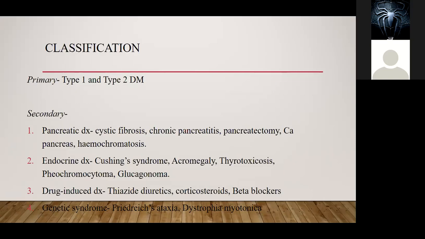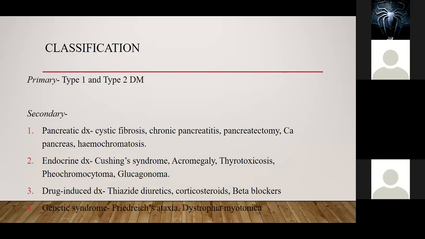So secondary diabetes mellitus here would also involve chronic hyperglycemia, but this wouldn't be directly due to insulin one way or the other, or it could be coming from a condition that is affecting the pancreas. So for instance, you can have pancreatic disease.